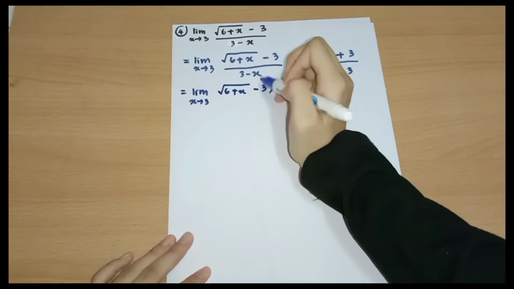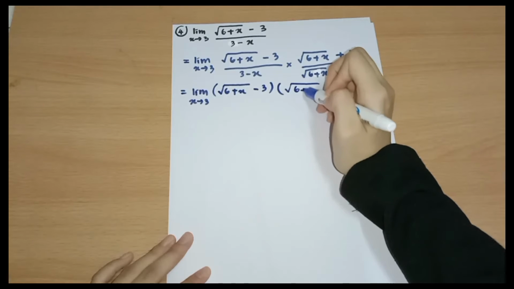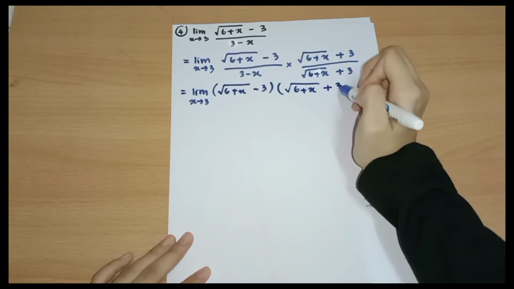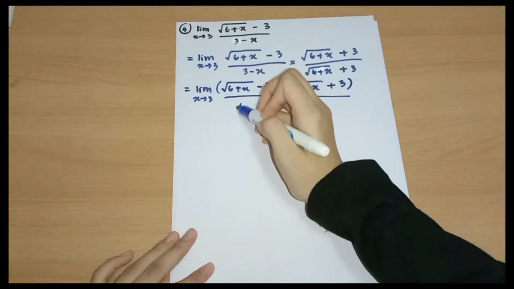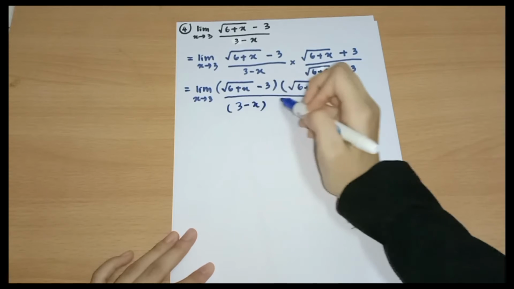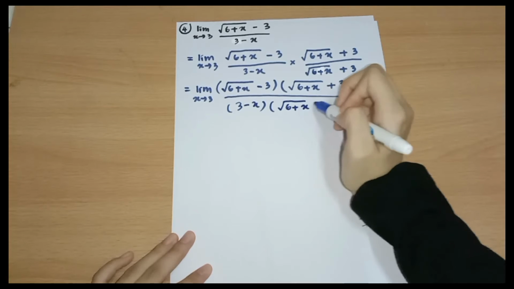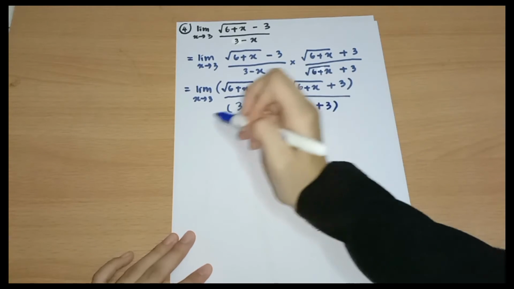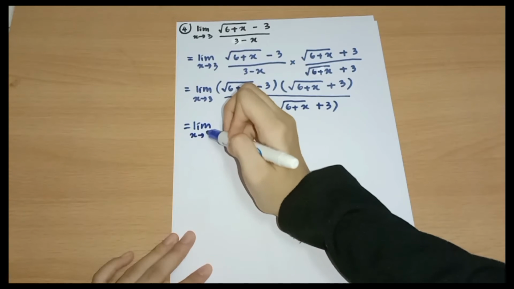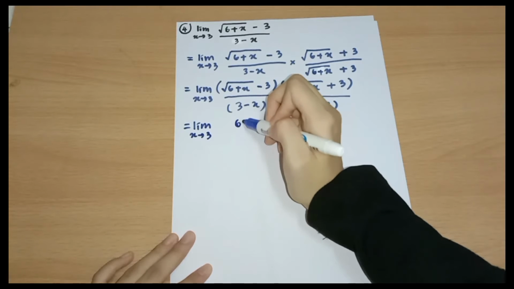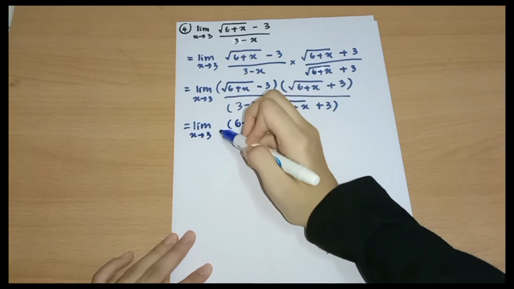Multiply the numerator and numerator, and denominator with denominator. And then we must expand the numerator, become 6 plus x minus 9.